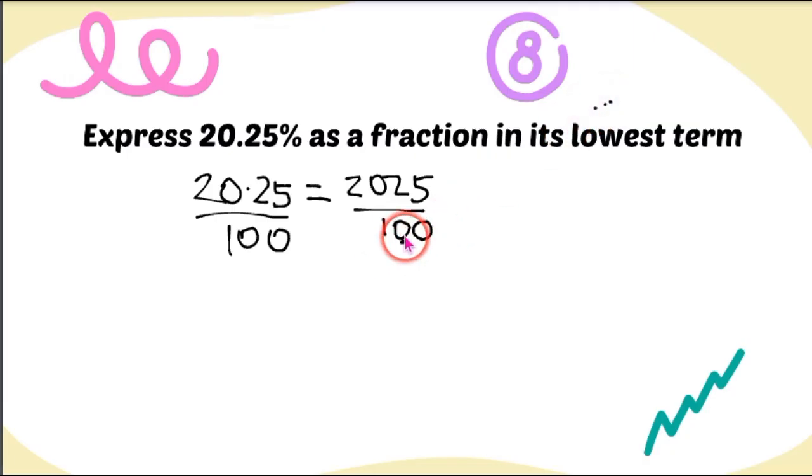It is the 100 gotten when I removed these decimals out. You see the decimal point is not here. So this 100 at the denominator here will be written like this.